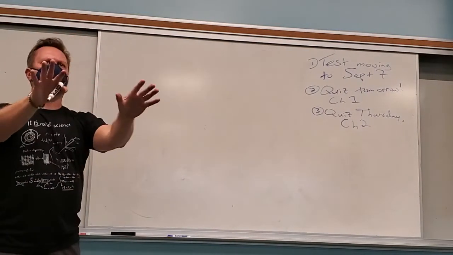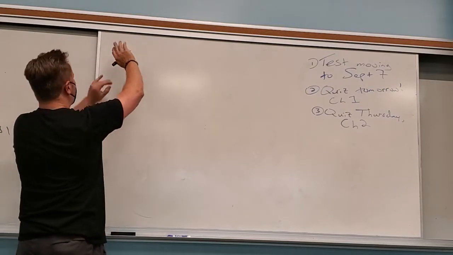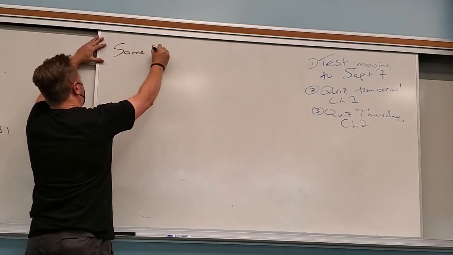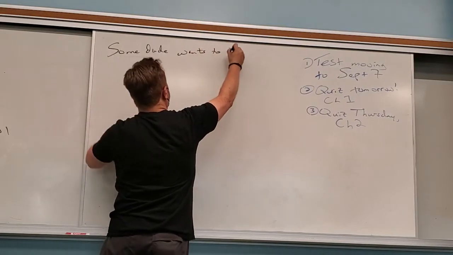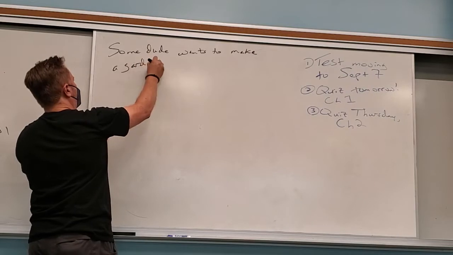So let's do one where drawing a picture is helpful. So our standard, lovely, there's some dude who wants to build a garden, and he wants to fence it off.